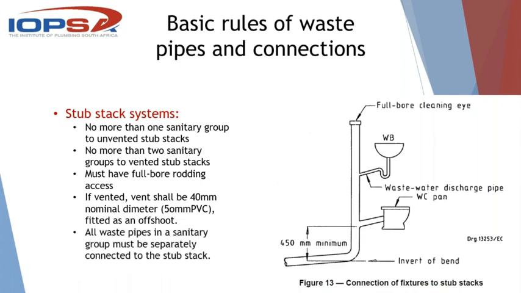Okay, all waste pipes, and this is the second big fall down that always occurs, all waste pipes in a sanitary group must be separately connected to the stub stack. It says so in the standards. So joining of the pipes within the slab, or as they exit the slab before they join into the stub stack, is not acceptable.